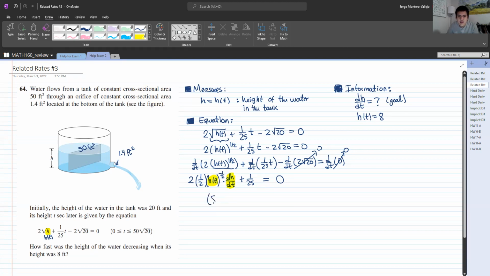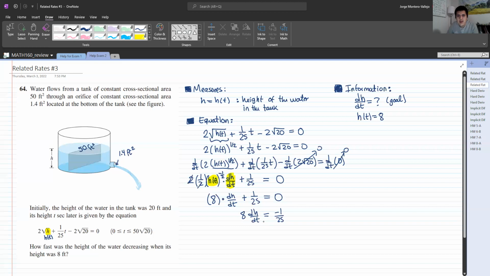This is going to be 8. You see that the 2 and the 1/2 cancel each other out, so I write nothing over there. The dh/dt is still there. I have plus 1 over 25 equals 0. I'm solving for dh/dt, so I'm going to send the 1 over 25 to the right side. It's going to go with a negative sign. So negative 1 over 25. And then I have 8 times dh/dt.